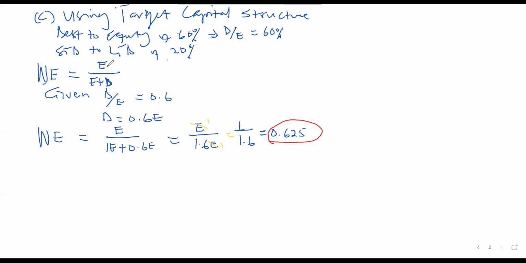You are given that debt to equity ratio of 60%, and debt to equity ratio is basically debt expressed as a percentage of equity. So if that is 60%, you can say that debt is 60 and your equity is 160.